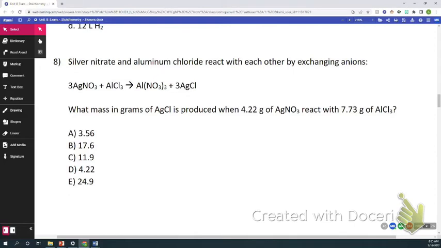Okay, silver nitrate and aluminum chloride react with each other by exchanging anions. What mass in grams of AgCl is produced when you have 4.22 grams of AgNO3 with 7.73 grams of AlCl3?